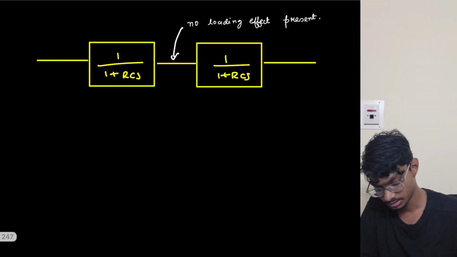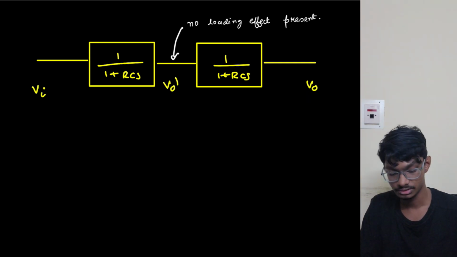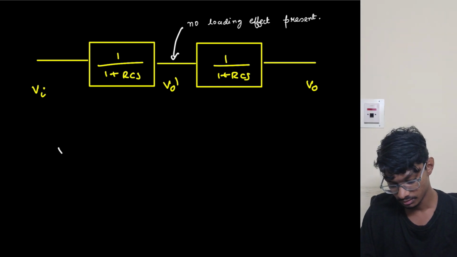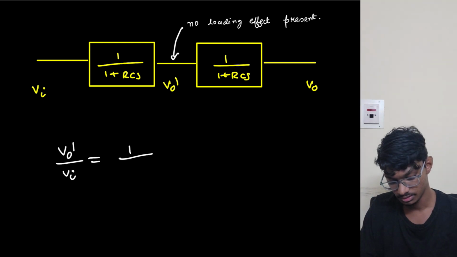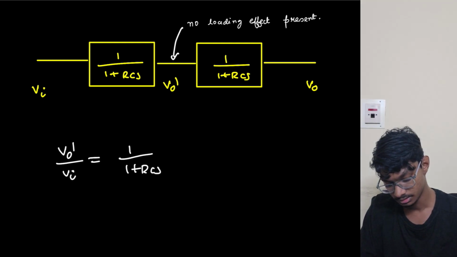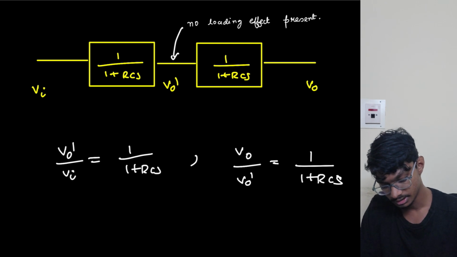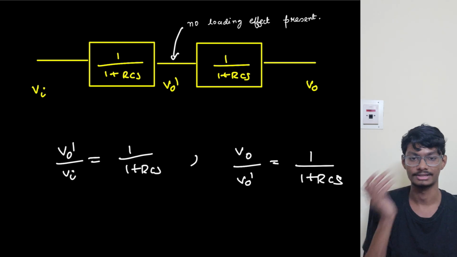So let's say this is Vi, this is Vo, this is Vo dash. What we can do is first find Vo dash over Vi. What is it? It is 1 by 1 plus RCs, right? Then what we know is Vo over Vo dash is also 1 by 1 plus RCs. Now this Vo dash doesn't change, it can simply get cancelled out.